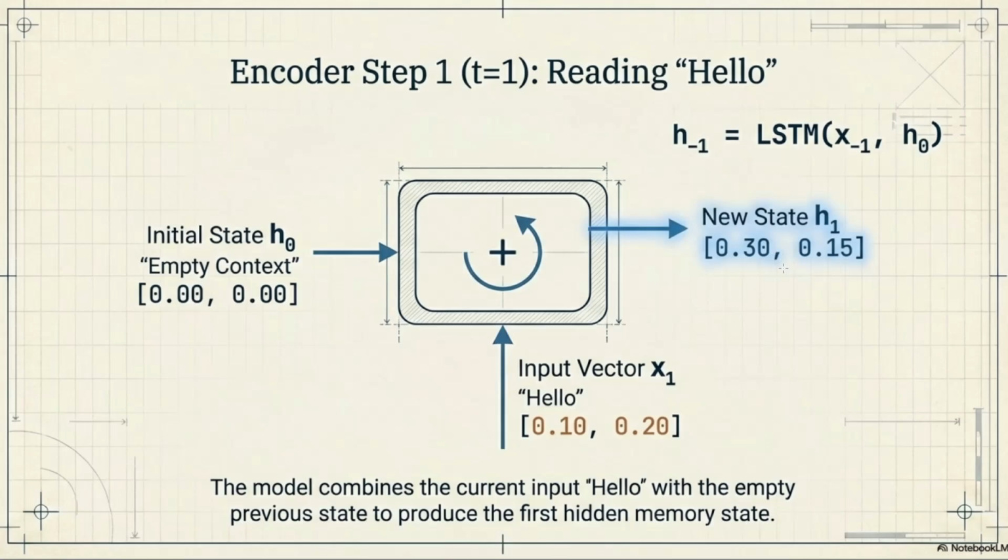So the result is our first hidden state, which, for example, let's say we get these values 0.3 and 0.15. The network has now consumed the first word.